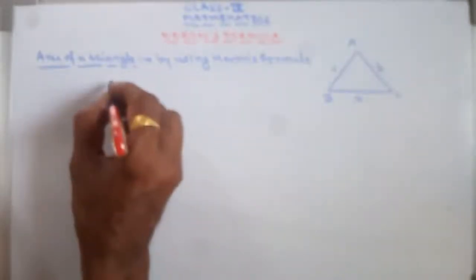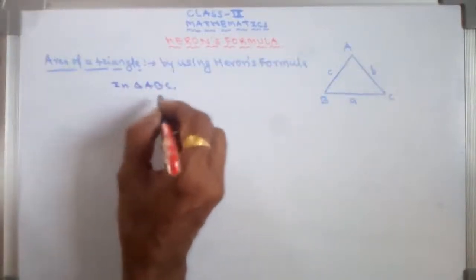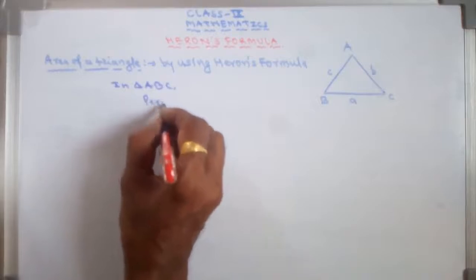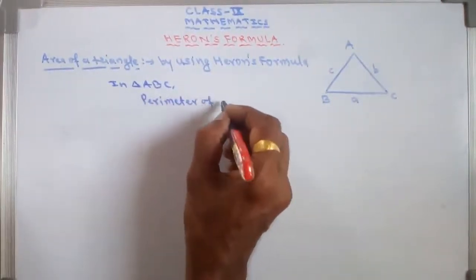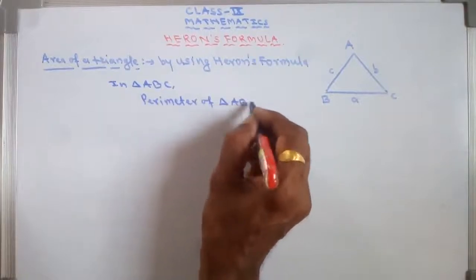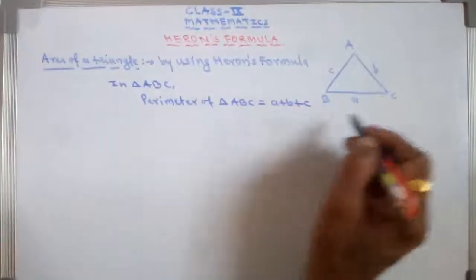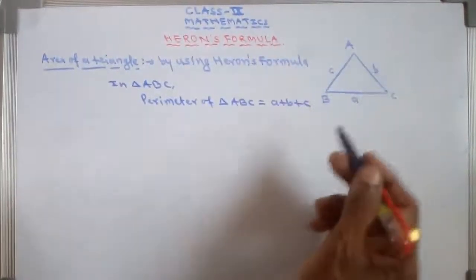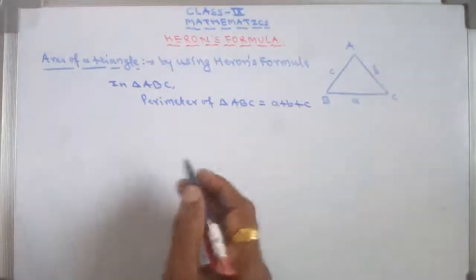First, find the perimeter of this triangle. In triangle ABC, the perimeter of triangle ABC is equal to a plus b plus c. This will be the perimeter, the sum of all 3 sides of a triangle. Then you find the semi perimeter.